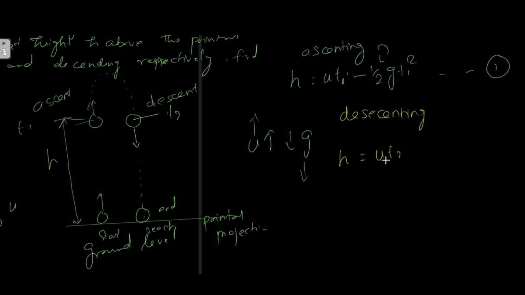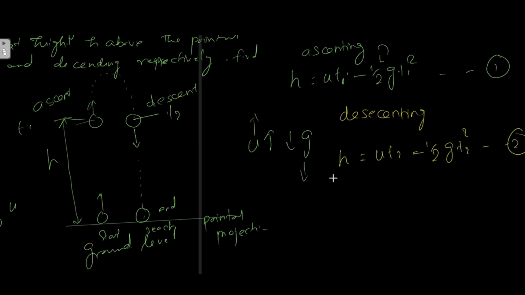Clear? Initial velocity u is positive and minus half g t2 square is negative, because u is upward and g is downward. So we use the same sign again, and this is equation 2.